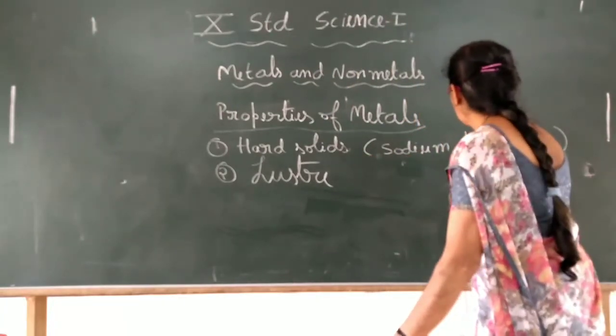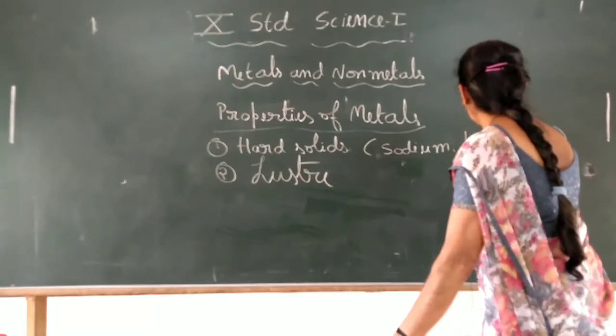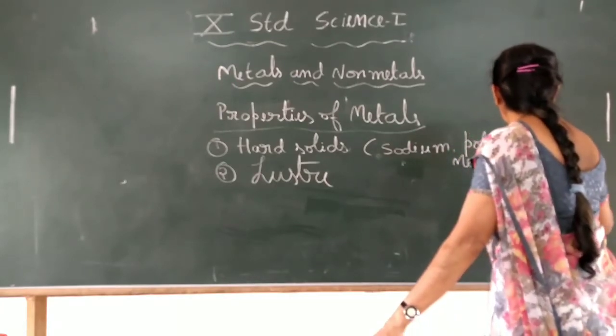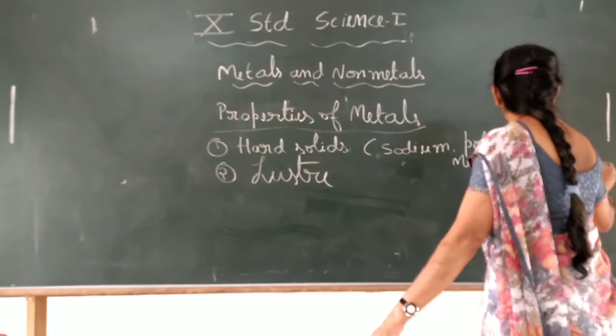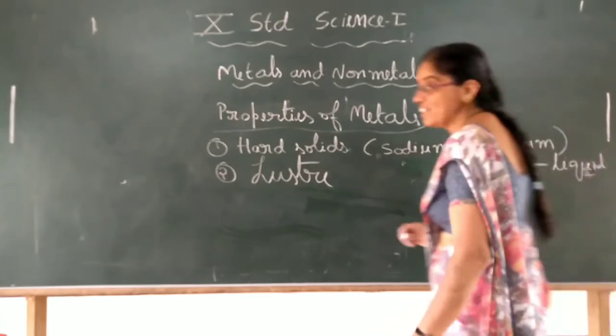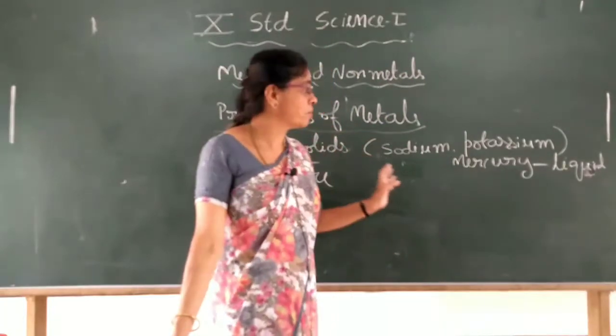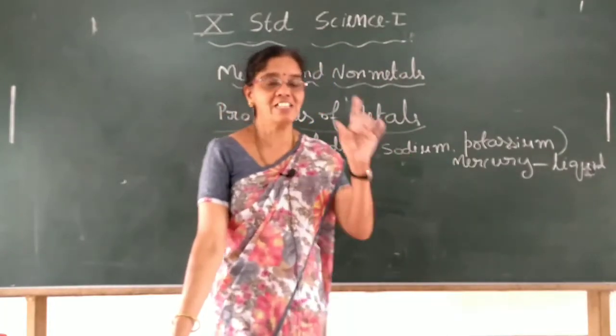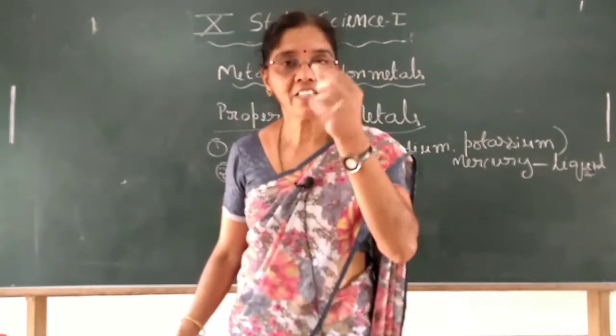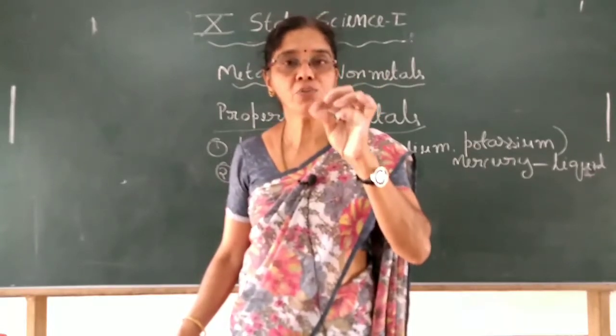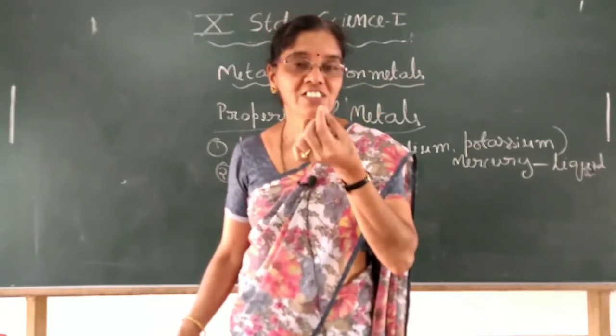Mercury is present in liquid state. Only this metal is in liquid state; usually other metals are solids. That is why in the thermometer they have used mercury, which is in liquid form.